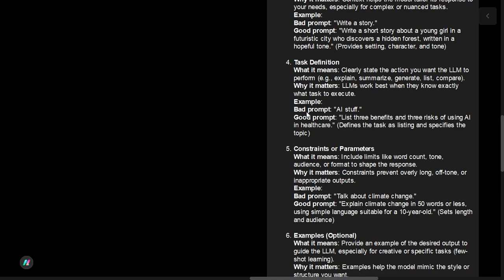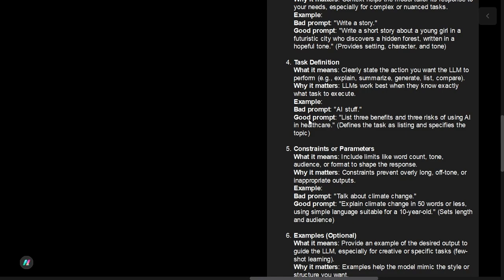An example: a bad prompt is "AI stuff." A good prompt is "list 3 benefits and 3 risks of using AI in healthcare." So the definition is very clear. You're talking about healthcare using AI, asking about benefits and about risks, three benefits and three risks. This is how a good prompt might look.